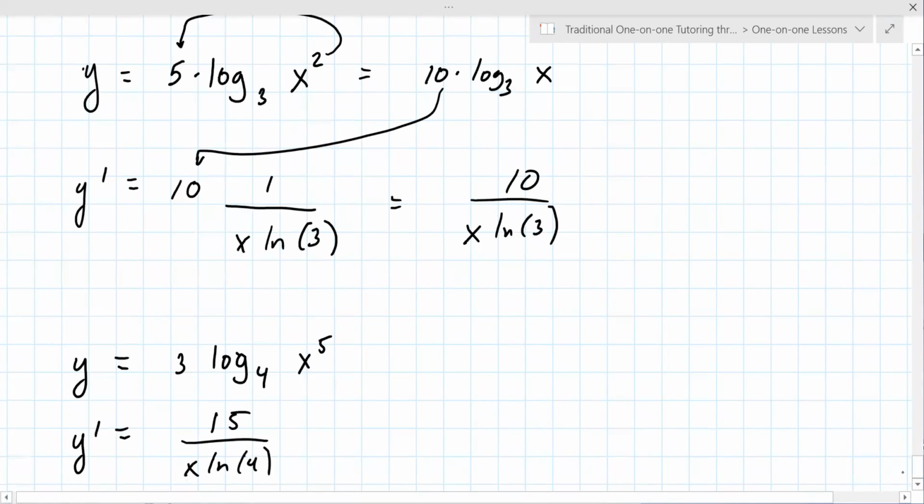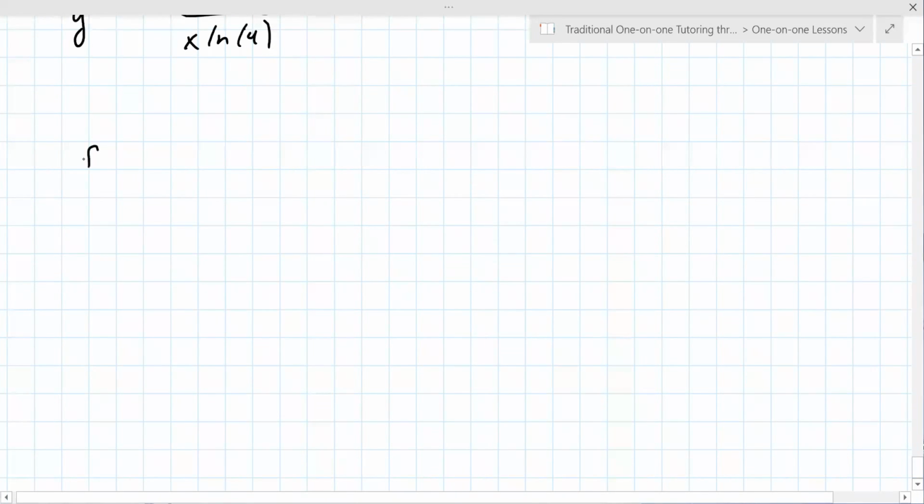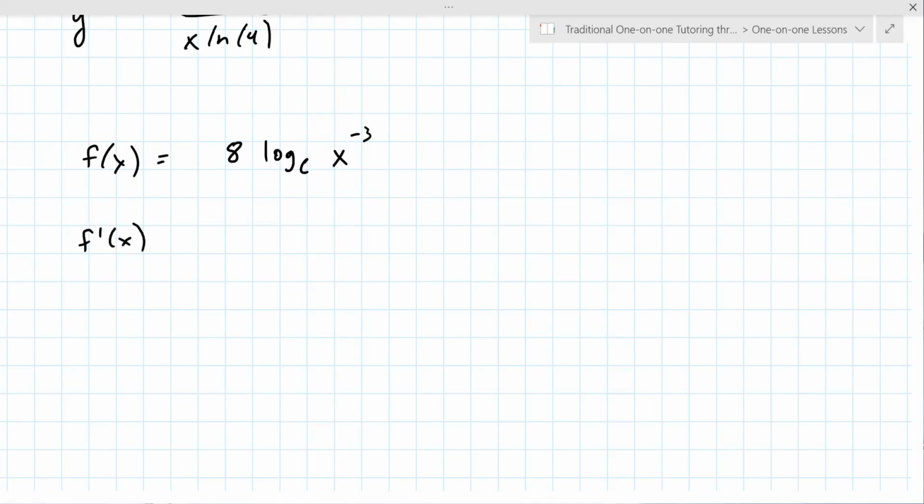Good. Okay. Let's do one more here. Let's say f of x equals 8 log base e of x to the minus 3. And I want the derivative again. 24 log. What is next to the log?